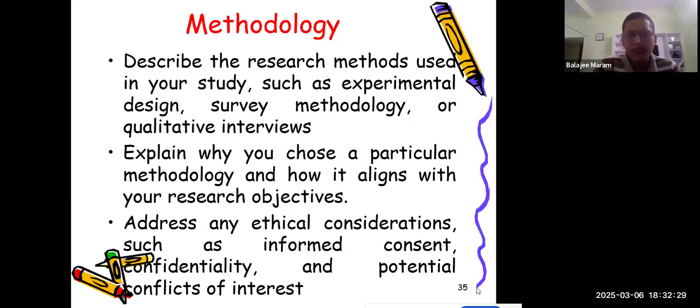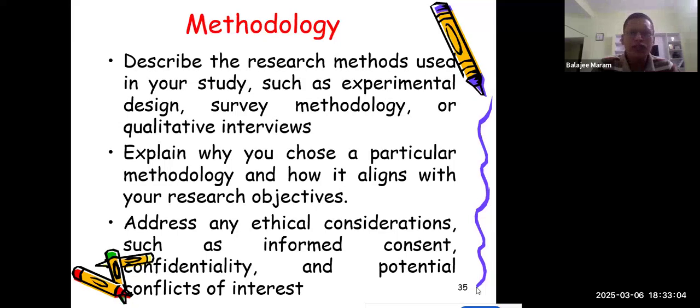Next one is methodology. After observing what type of existing technology is available and already published, and what type of metrics and results are available, by observing all these things in a literature survey, we already have some knowledge about that specific domain.